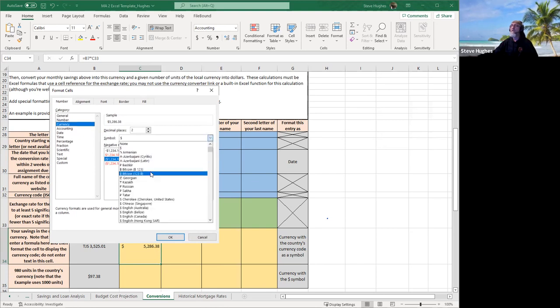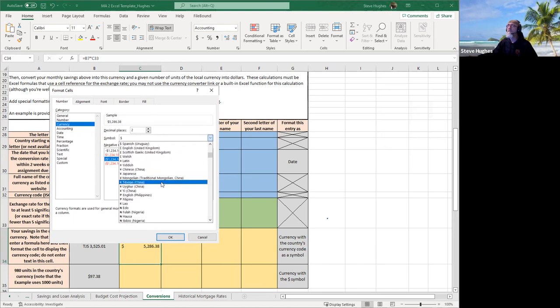Over here, look, the drop down gives me all kinds of things. Do they have one in here for this country? We'll see shortly. Scrolling down, looking for the right one. There's Maltese, that's not what I want.